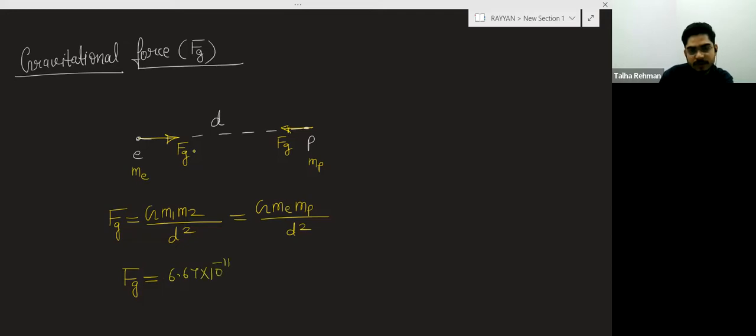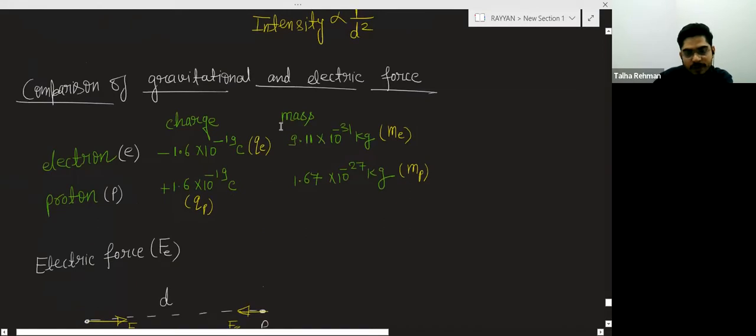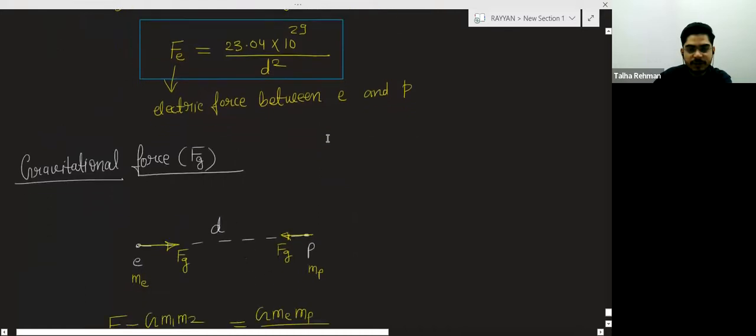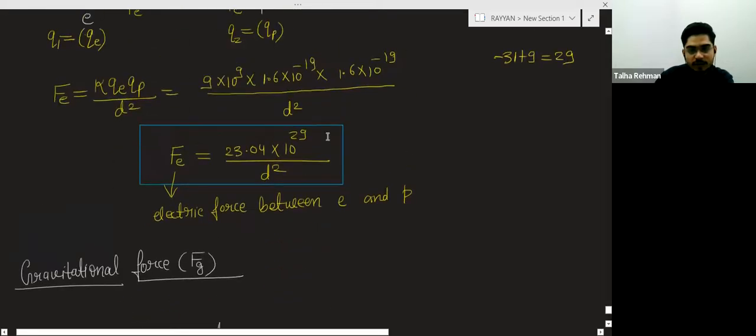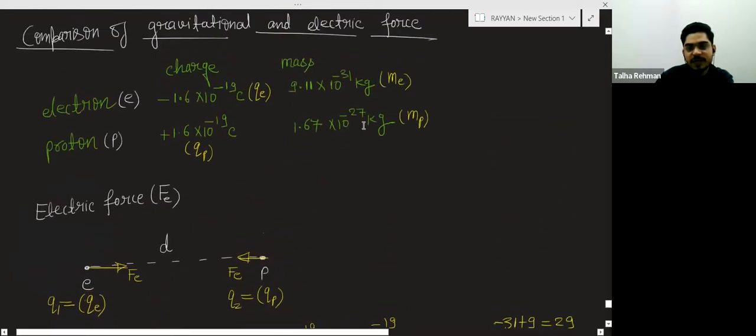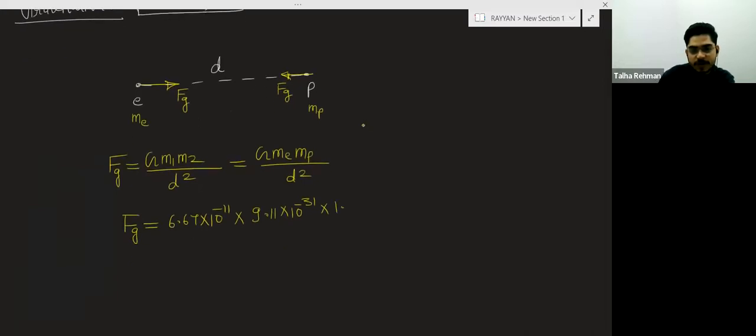Mass of electron is 9.11 into 10 to the power minus 31 kg, multiplied by mass of proton, which is 1.67 into 10 to the power minus 27 kg.